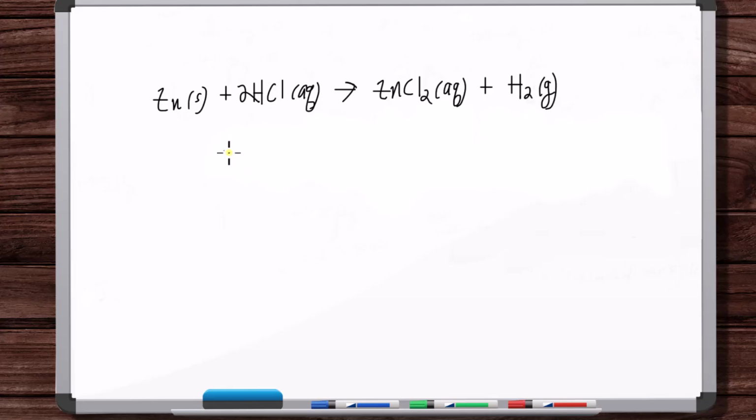But this is not what we're calling in this chapter an acid-base reaction. This is a redox reaction. It's a redox reaction that just happens to involve an acid. So just keep that in mind.